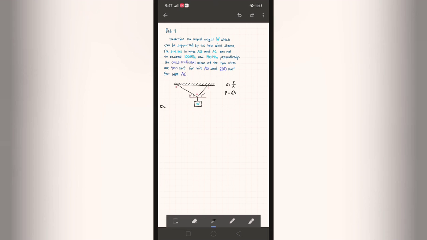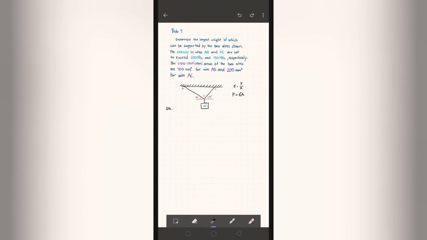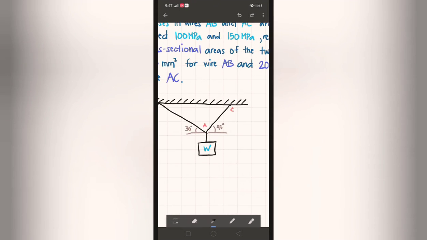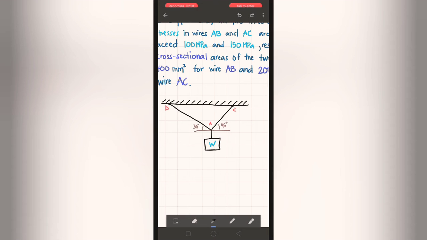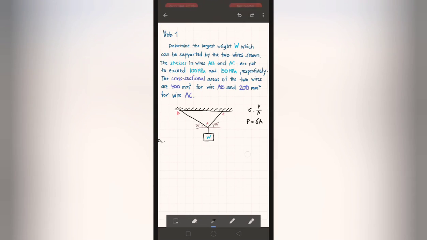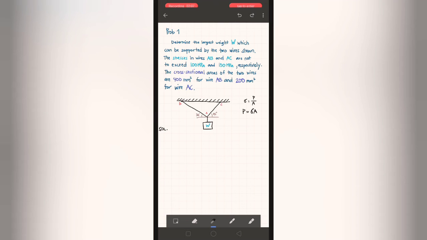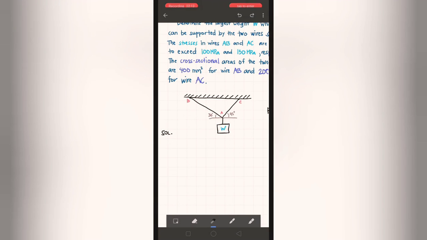But what is the stress and area in this one? And what is also the P for this one, since this system is attached together and we cannot directly say that the stress is 100 and the area is 400. We are given two.